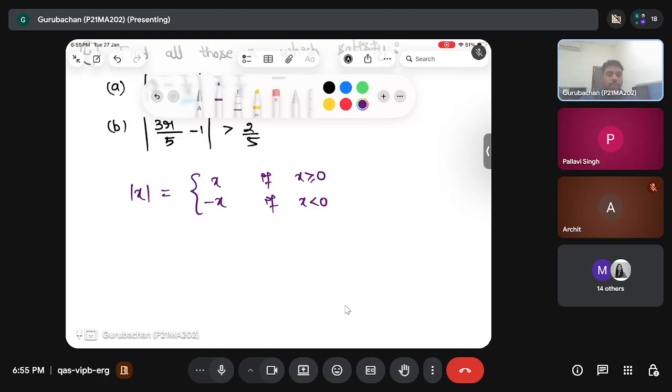So overall, mod just gives you the output as a positive number. If it is a positive number, it will not do anything to it. But if it is a negative number, it will give you a positive number. So if I say mod x is less than or equal to a, then what can you say?